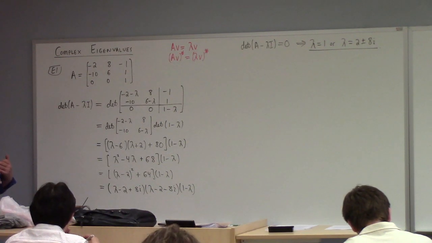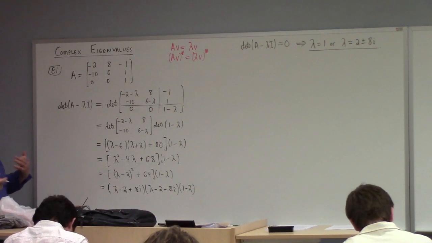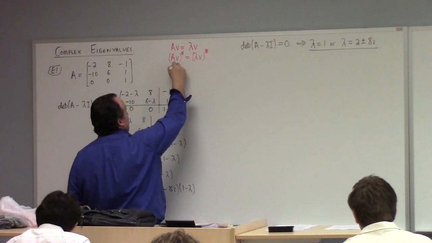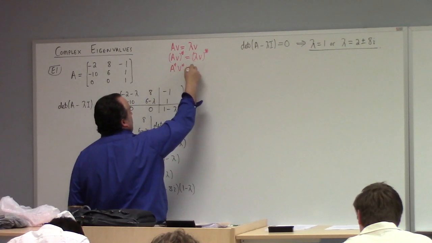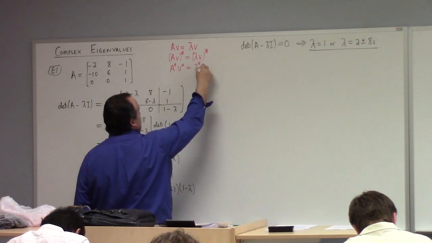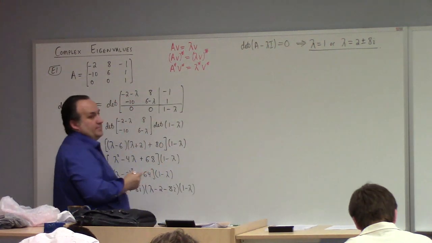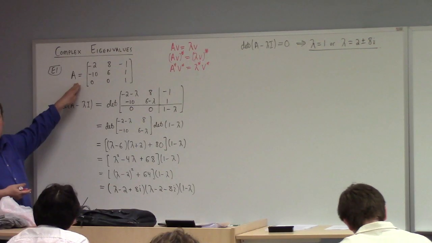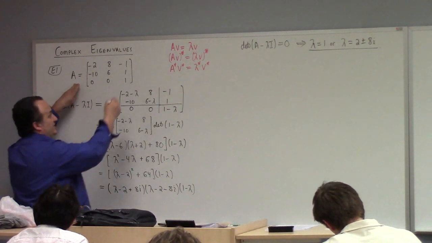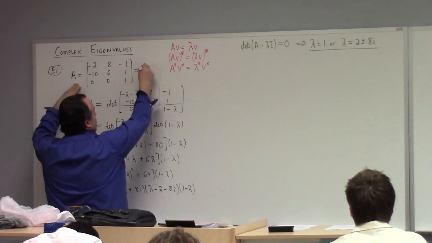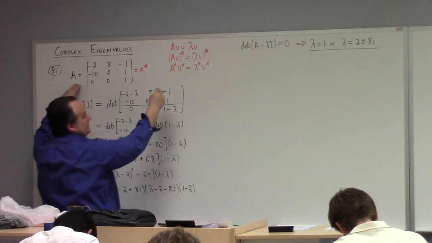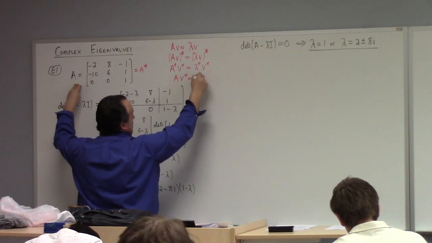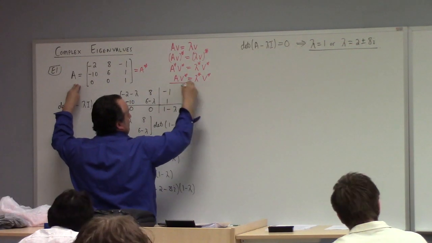The complex conjugate of a product is the product of the complex conjugates. So this is A star v star equals lambda star v star. But if A is a real matrix, like this is a real matrix, it's equal to its complex conjugate. So this is equal to A. So my point to you guys here is simply that this gives me that A v star is equal to lambda star v star. See that?